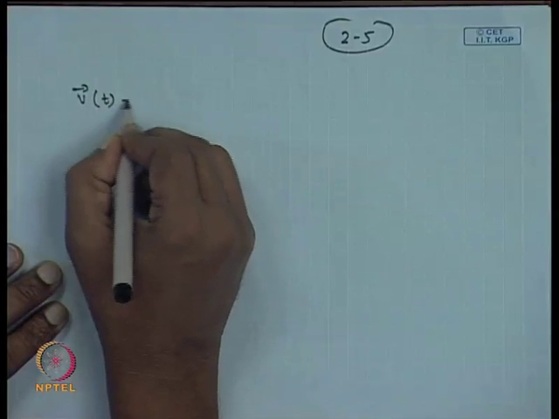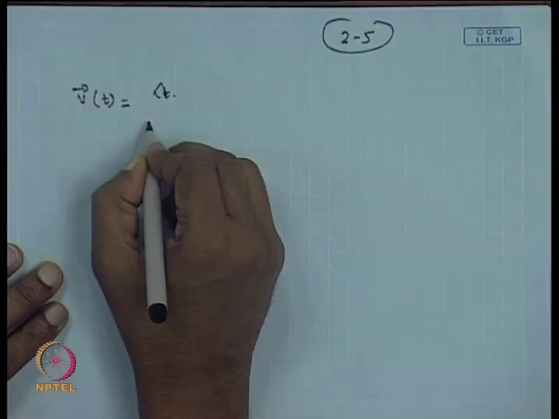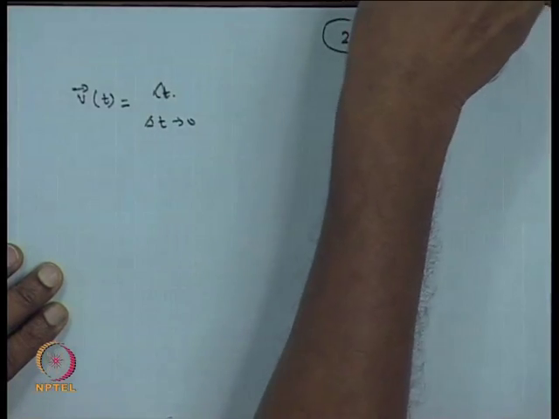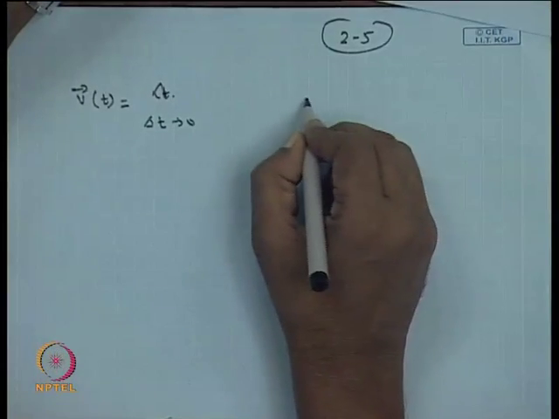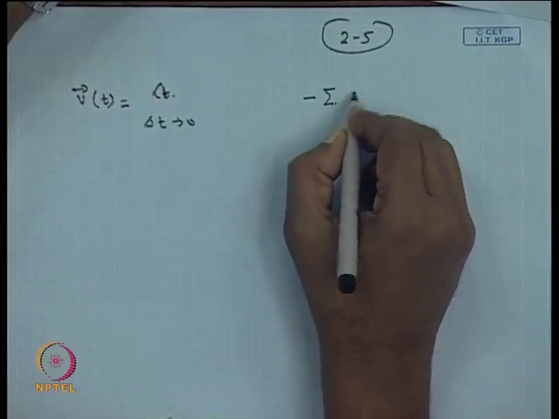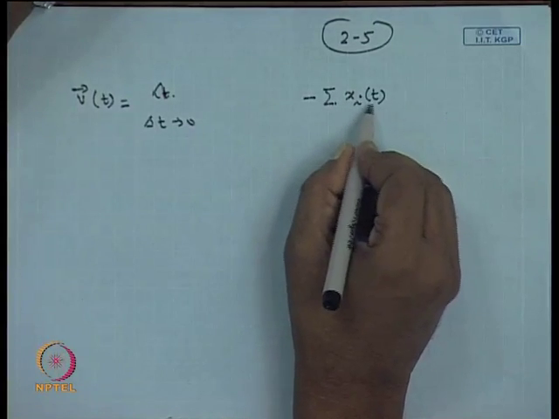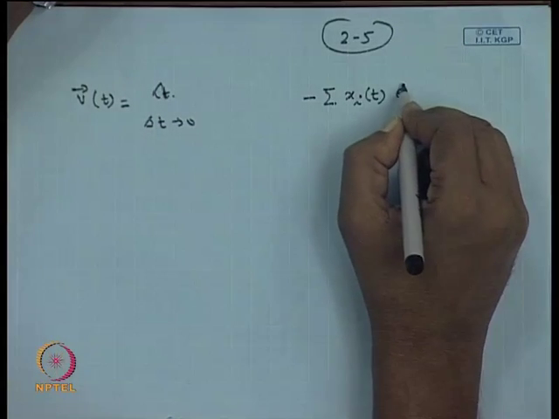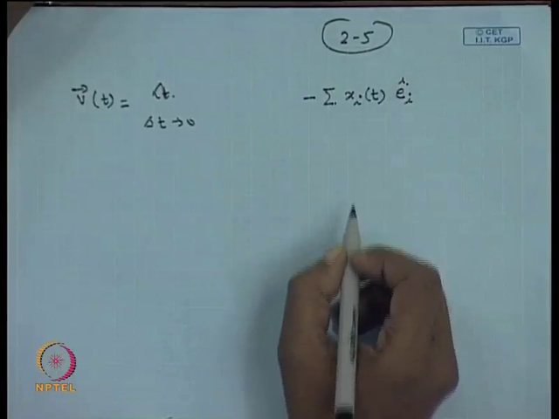Okay. So, this V t will get reduced to then limit delta t tends to 0. Now, r t we have written as summation of x i, and in the bracket we can write here t to indicate this is a function of t, together with the unit vector in the ith direction.